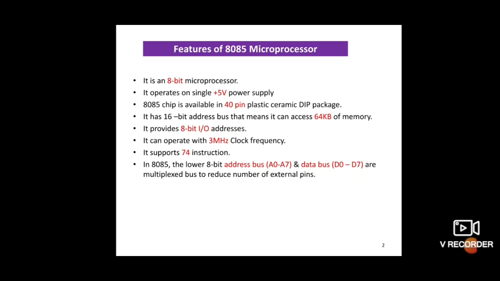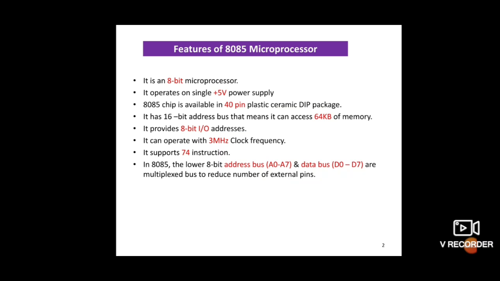In 8085, 16-bit address lines means a 16-bit address bus. So the lower bits, A0 to A7, are combined with the data bus, D0 to D7, to give AD0 to AD7.